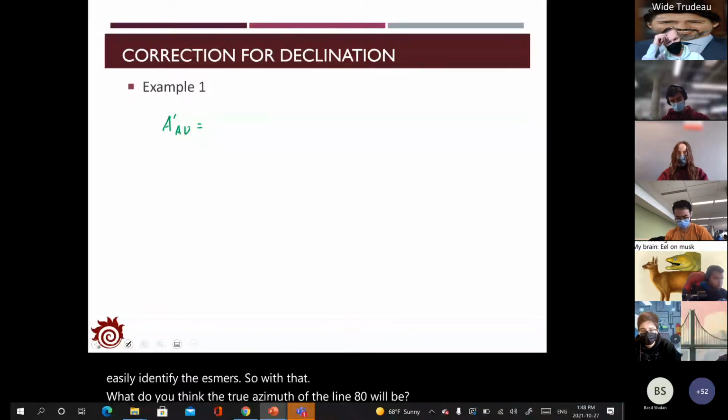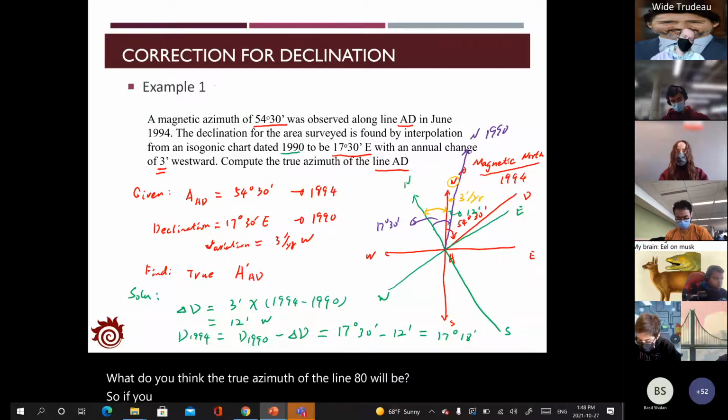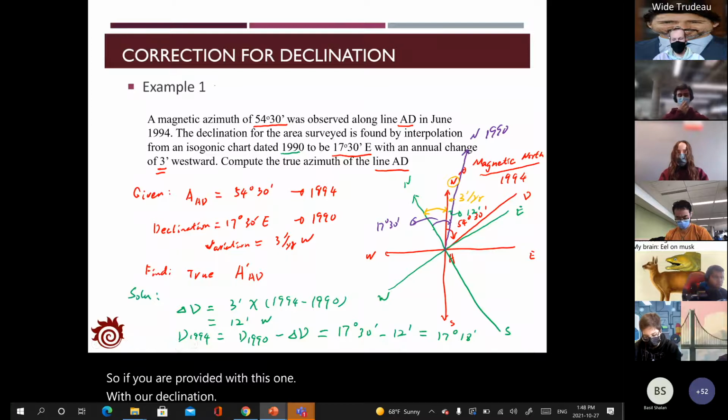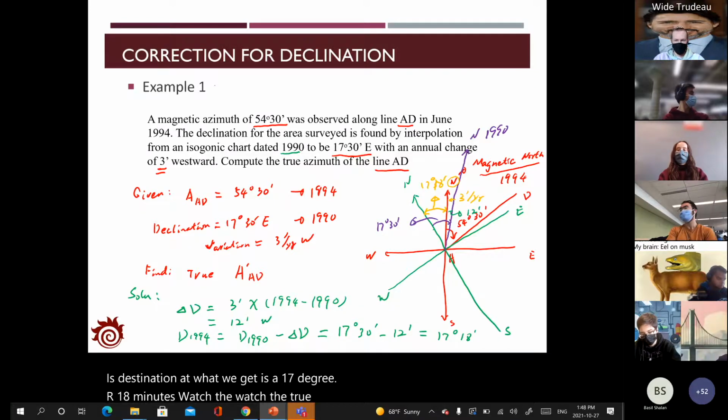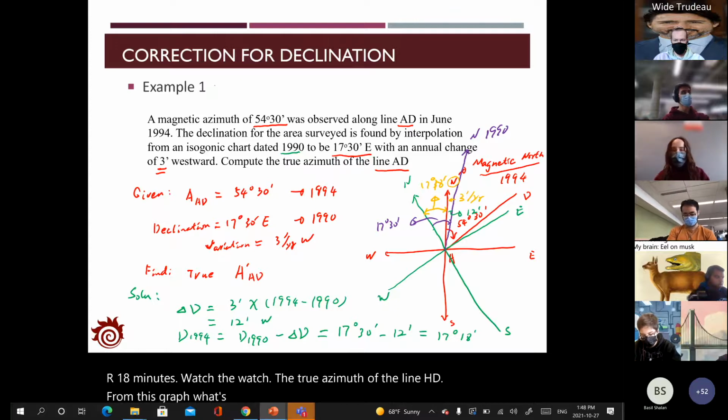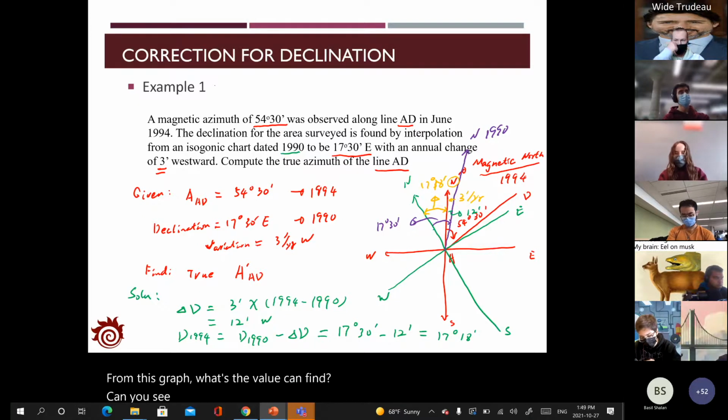If we are provided with this declination, as what we get is 17 degrees 18 minutes, what's the true azimuth of the line A to D? From this graph, what's the value you can find? Can you see the value?